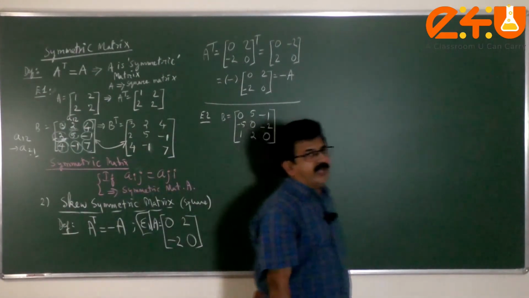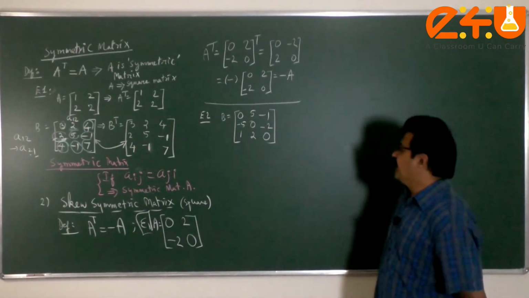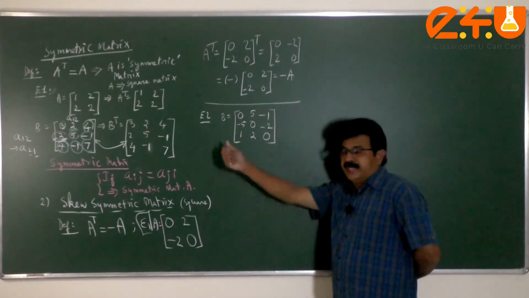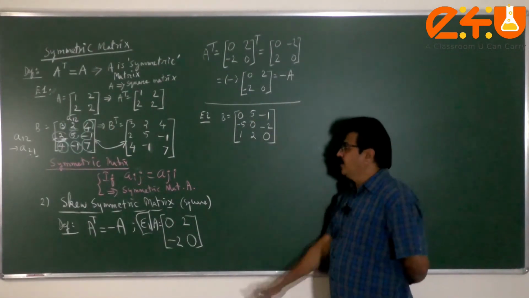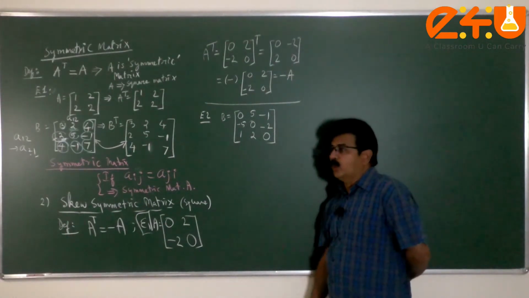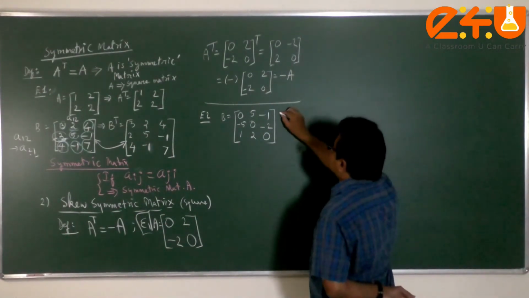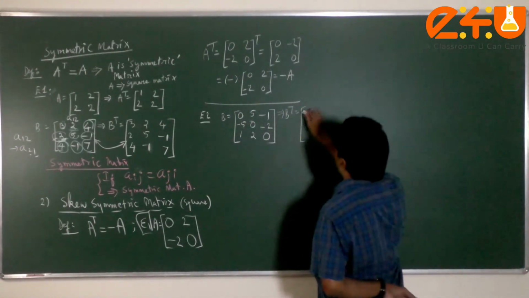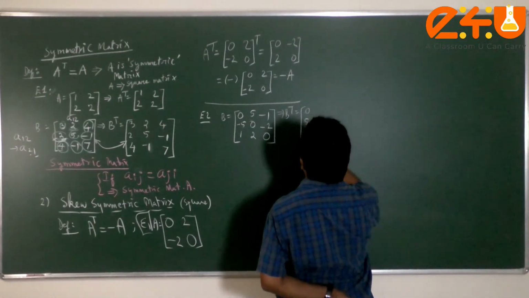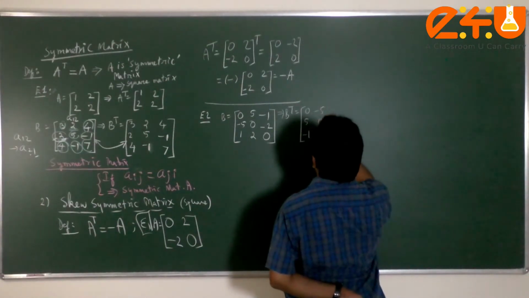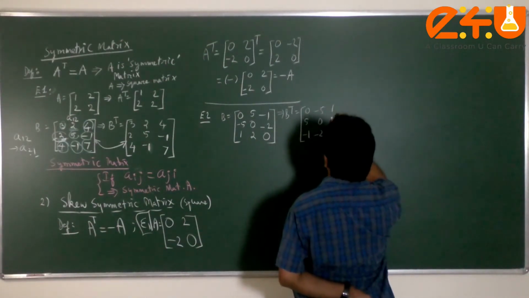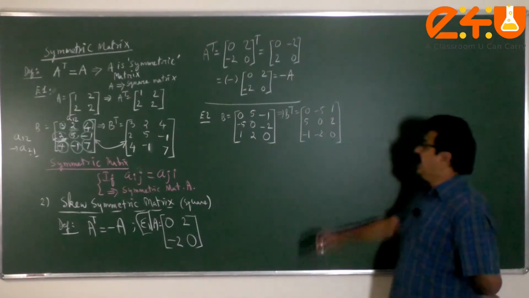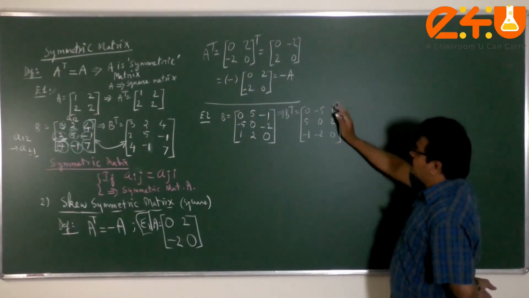After filling the elements, the matrix becomes 0, 5, minus 1 in row 1, minus 5, 0, minus 2 in row 2, 1, 2, 0 in row 3. And consider what happens when I do the transpose. So row 1 is written as column 1, row 2 as column 2, and the 1, 2, 0 of row 3 is now column 3.